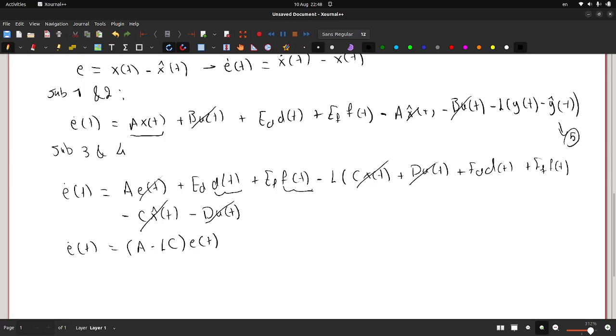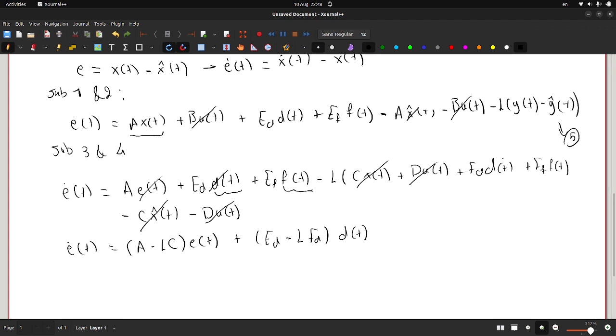What's left for the disturbance is plus ed minus lfd times the disturbance.